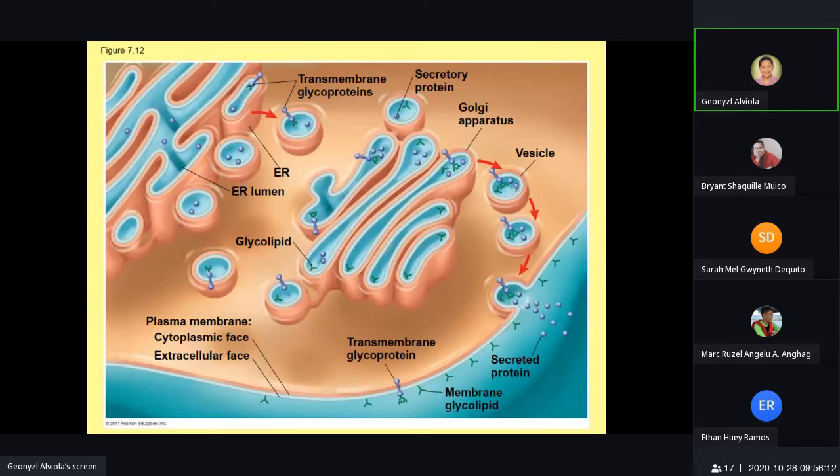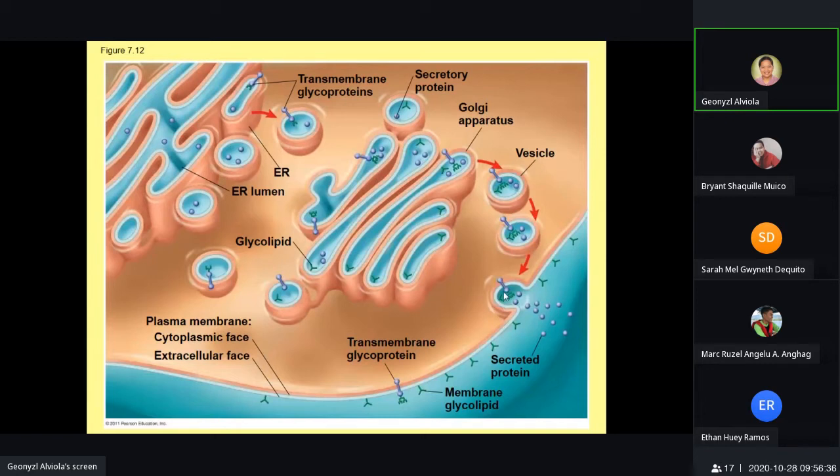So, this vesicle, pwedeng dito lang gagamitin itong, okay, asa na itong arrow. So, this vesicle, pwede pupunta sa other organelles or they will be released as secreted proteins. And some will be part sa membrane.